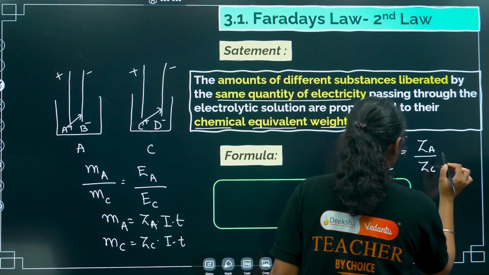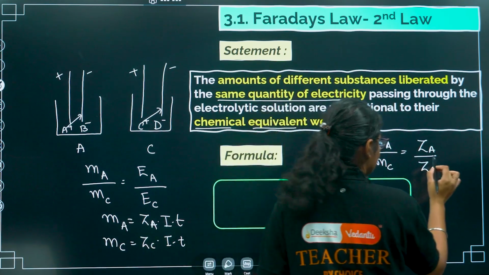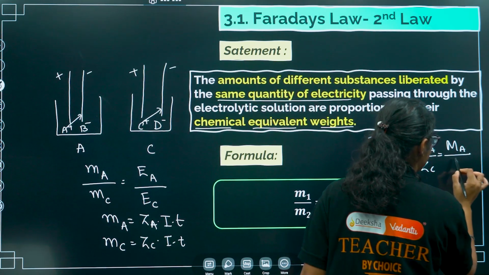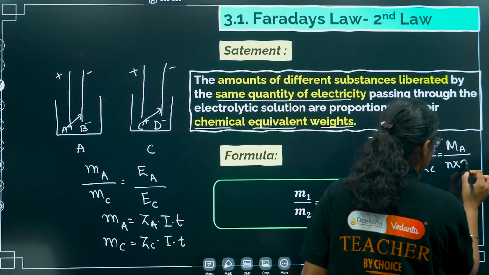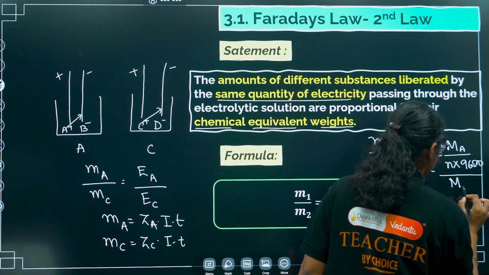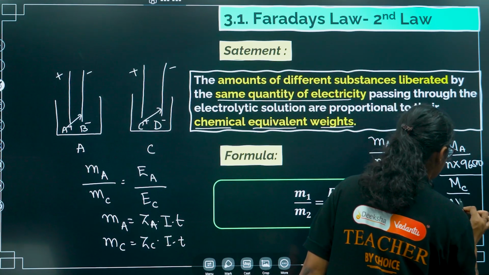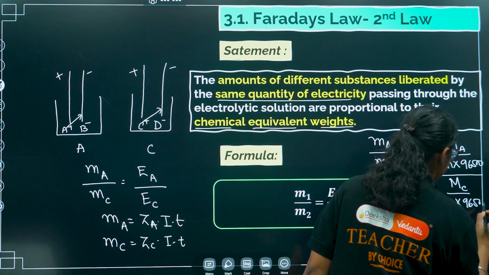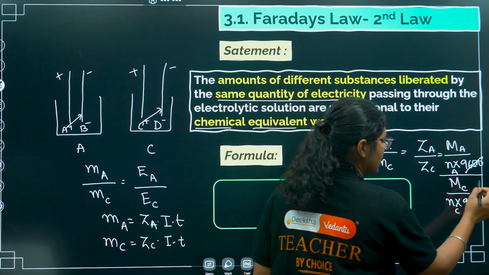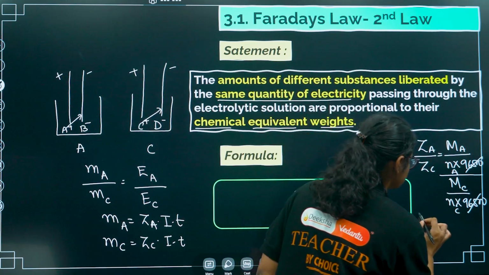Now what is ZA here? Molar mass of A divided by Na into 96500, whole divided by molar mass of C divided by Nc into 96500, right? Now if you divide this, 96500 will also get cancelled. So what I'll get?